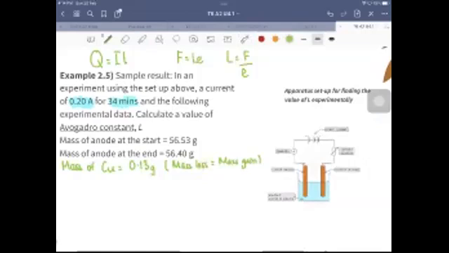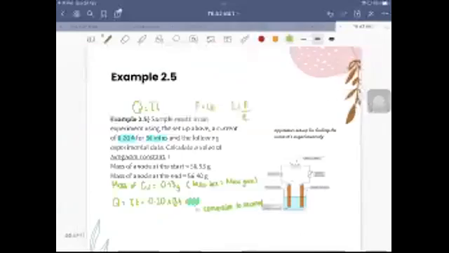Okay, and then you can also find Q equals IT, where the current is 0.20 times the time converted to seconds. Okay, so just to highlight, that is the conversion to second.